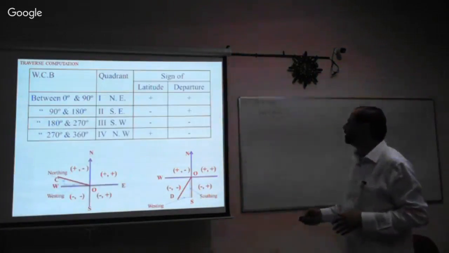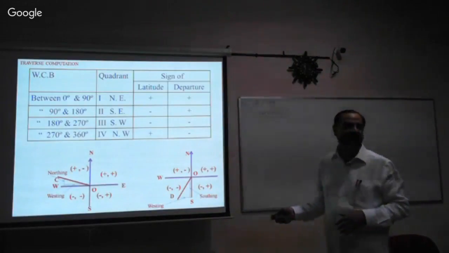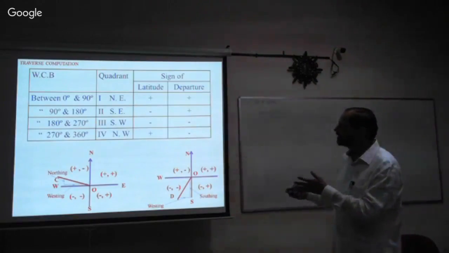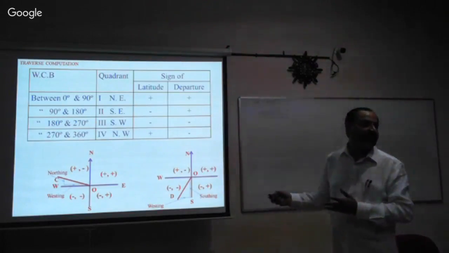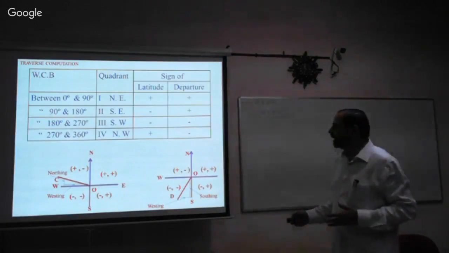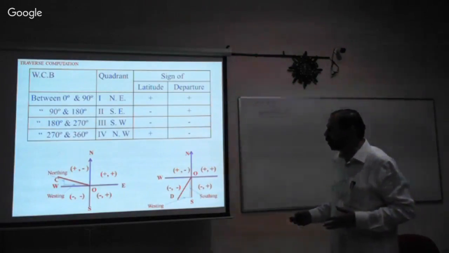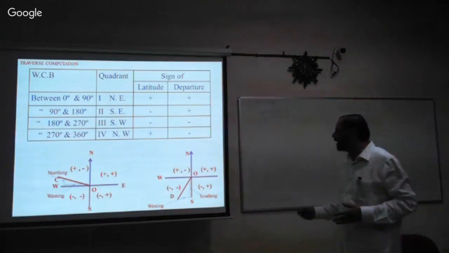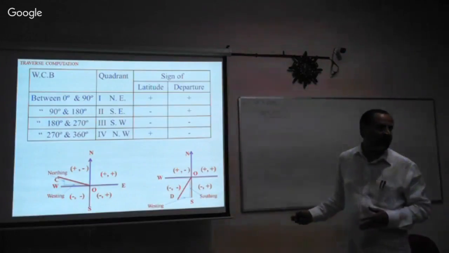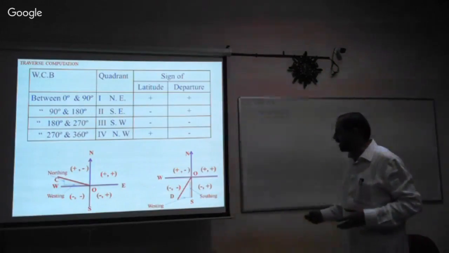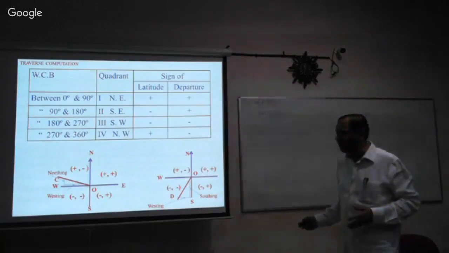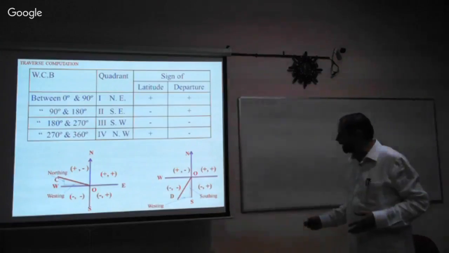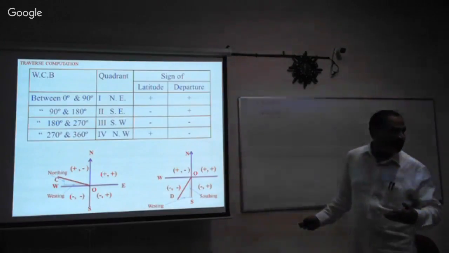Further, the same thing we have printed here, written as the sign convention. Let us be very careful, the progressive line OC or CO, and here also, OD or DO. Suppose we consider OD, progressive line from O to D, then the latitude is a southward measurement and the departure is a westward measurement.